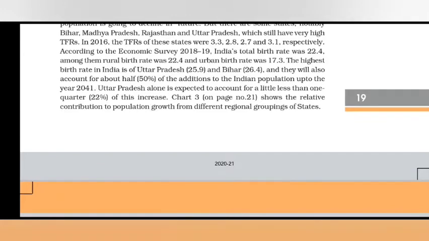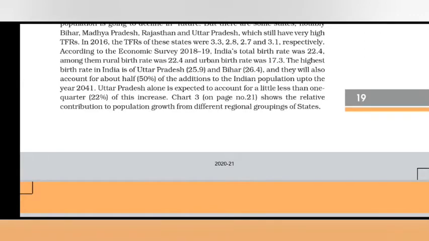According to the Economic Survey 2018 to 19, India's total birth rate was 22.4. Among them, birth rate was 22.4 in rural areas and urban rate was 17.3.